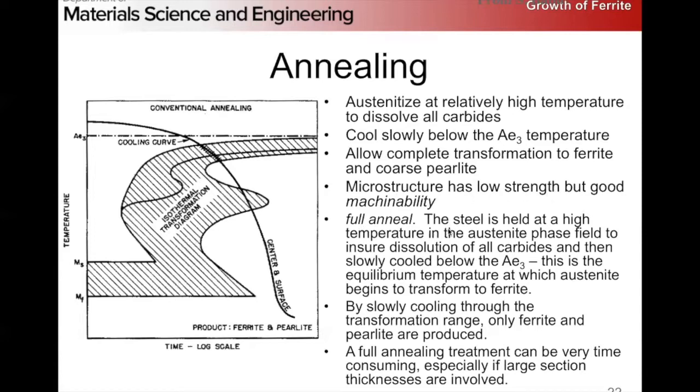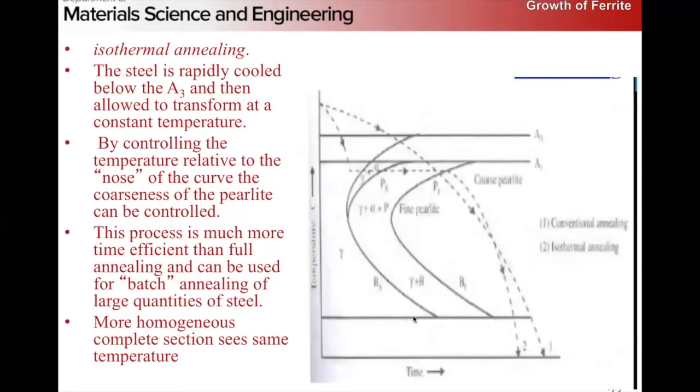So a full anneal is what I was just talking about. We hold at a high temperature and then slowly cool to below the equilibrium transformation temperature, and then we slowly cool through the transformation range so that we have only ferrite and pearlite. But this can be a very time-consuming process.